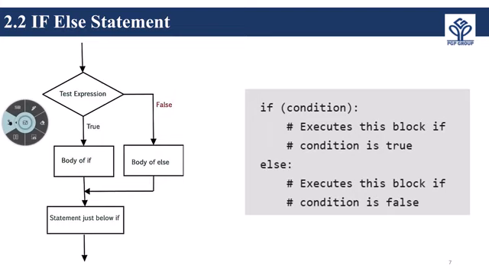So second one, if else statements. In the previous one, the if statement, we used one condition, correct? This time we are using two conditions. We give the expression and check if the condition is true, then execute the body of the if statement. Suppose the condition is false, then the body of the else.